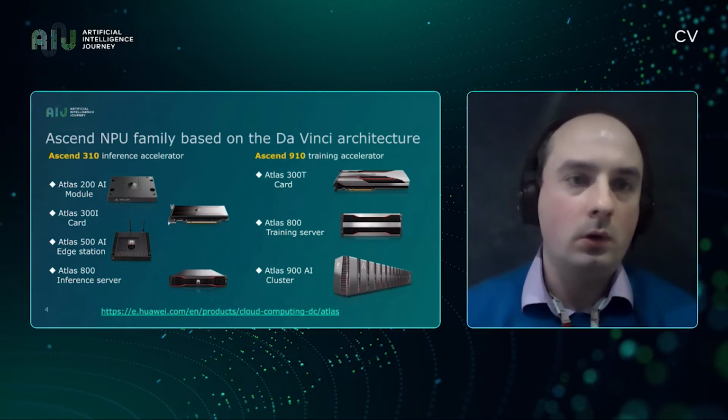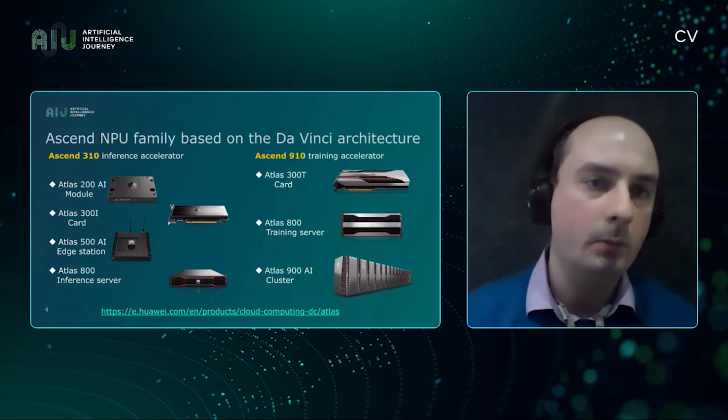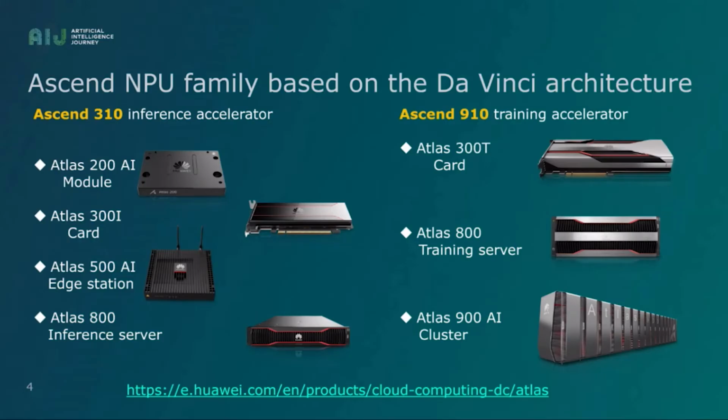So as for the hardware, devices from the Ascend family are neural processing units based on the Da Vinci architecture, and you can divide them into two branches.